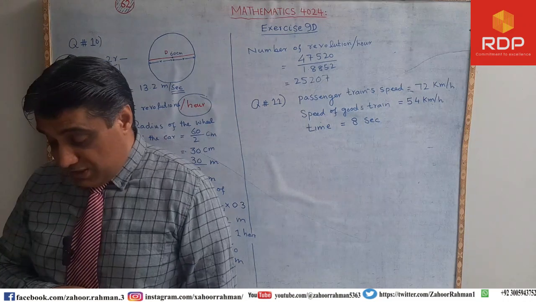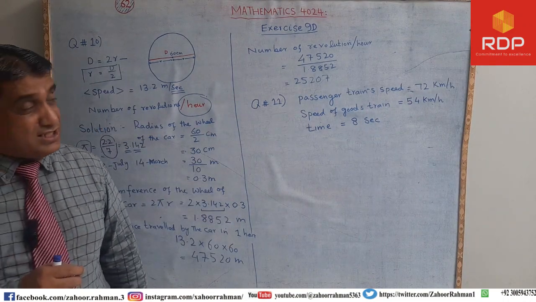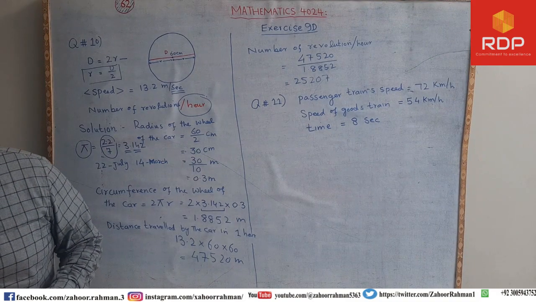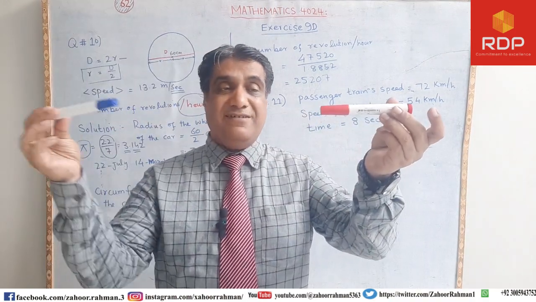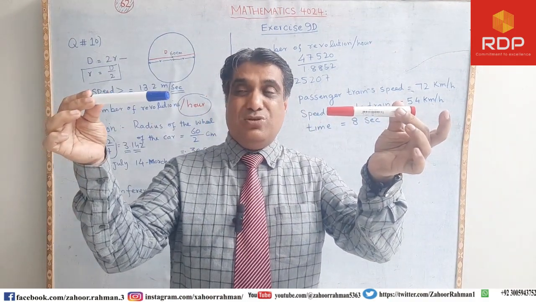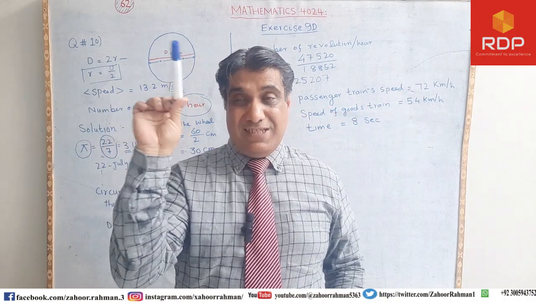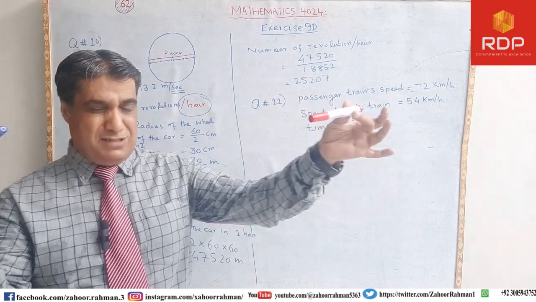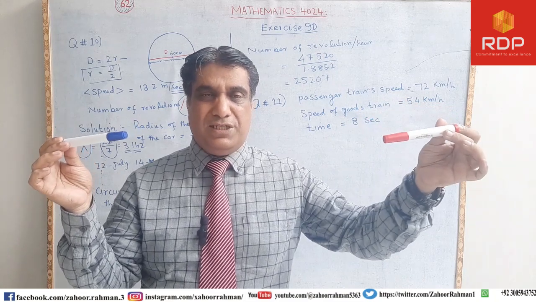Now the question is asking, find the length of the goods train. This is the passenger train and this is the goods train. It is coming with 54 kilometer per hour, and this is moving towards the goods train with 72 kilometer per hour.